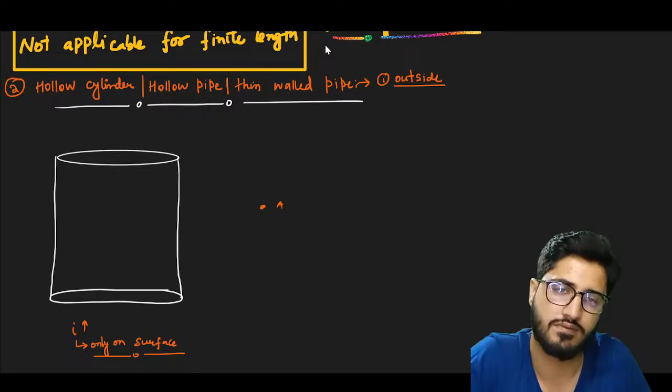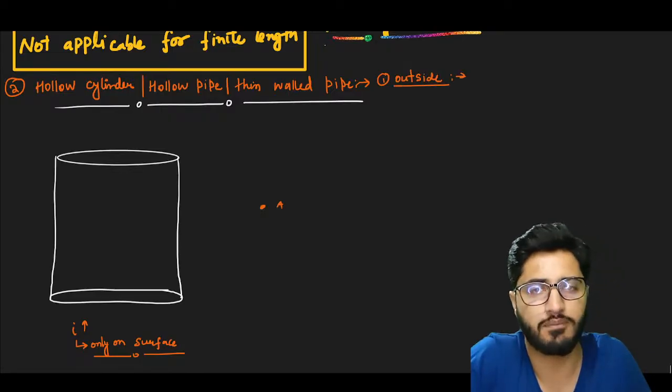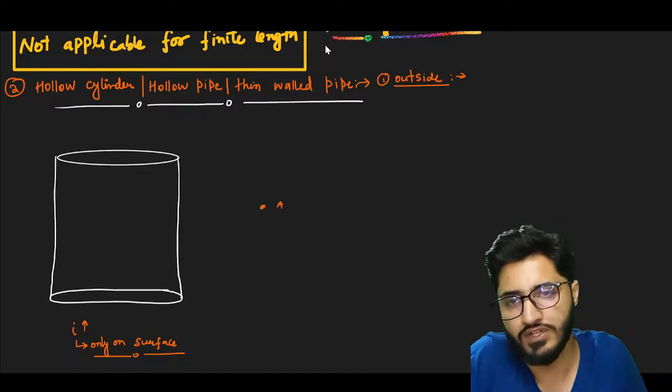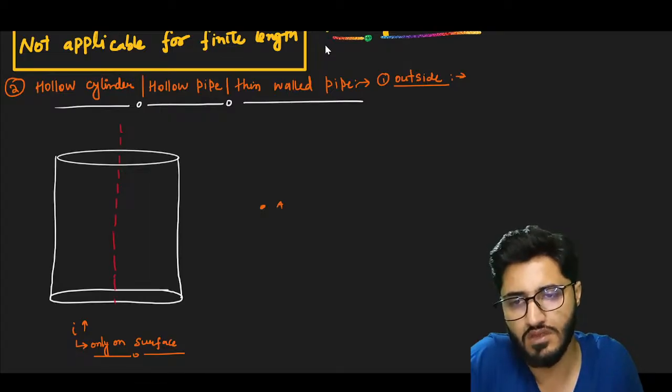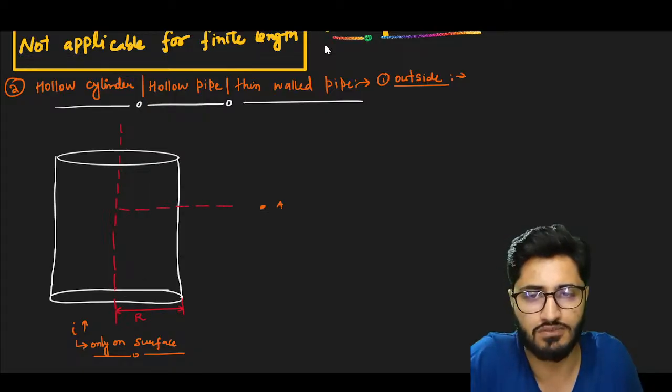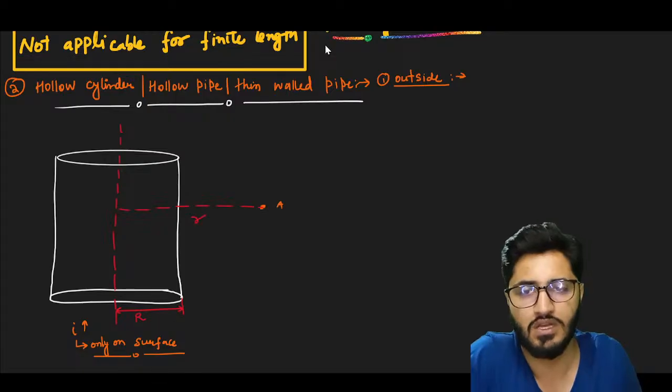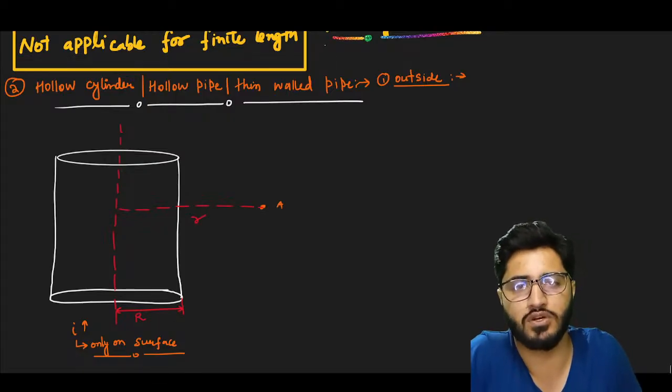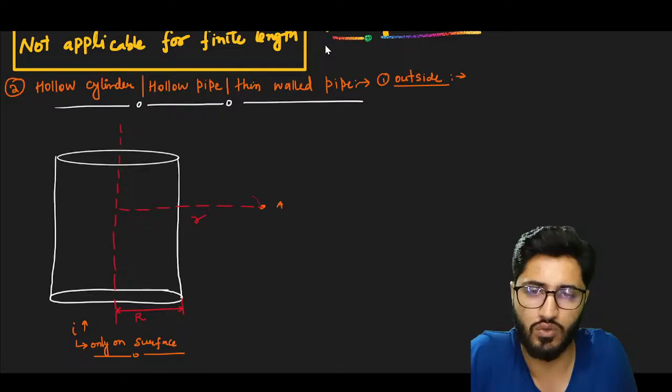Now, if you want to find the magnetic field here, firstly I will draw a symmetrical axis. Let's suppose the radius of this hollow cylinder is R, and this particular point is small r distance apart. If you want to apply Ampere's circuital law here, you need to create a loop first.